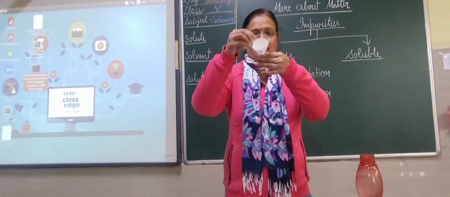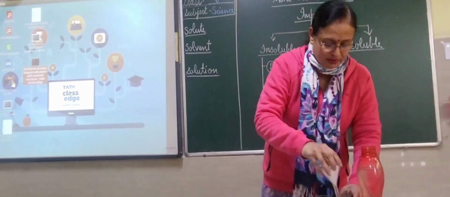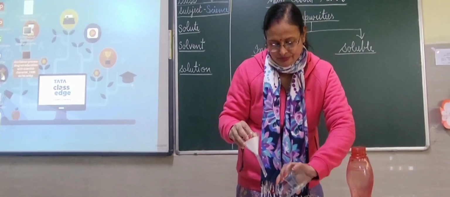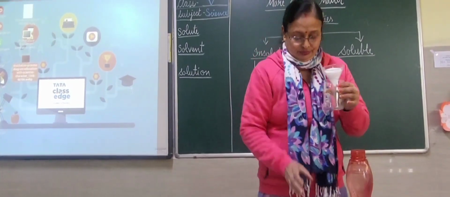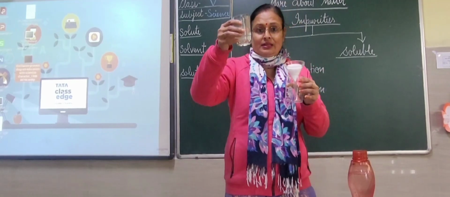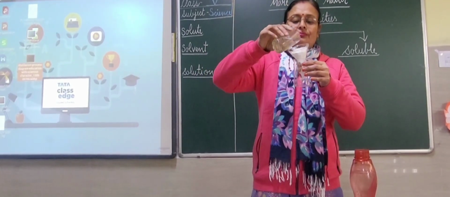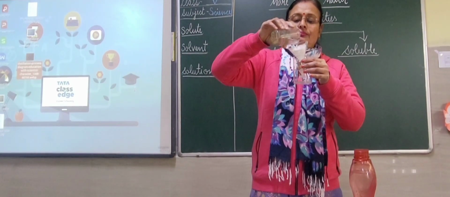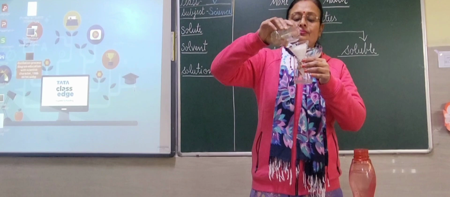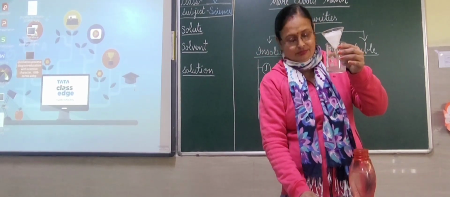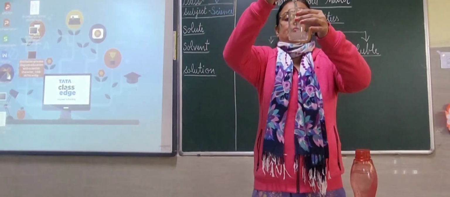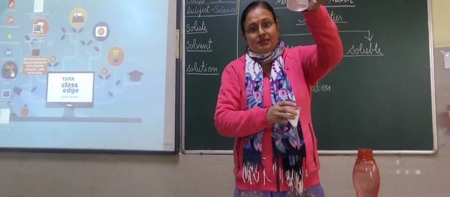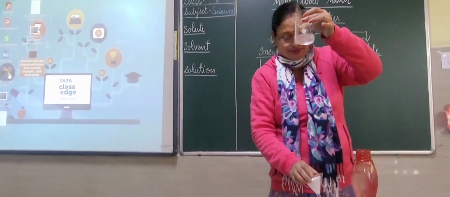Now you can see this is the flask in which I have placed the filter paper. And now I am going to filter this decanted water. When I filter the water, you can see this is much cleaner water.